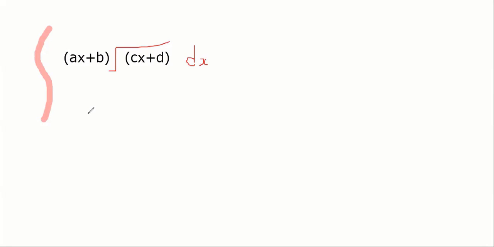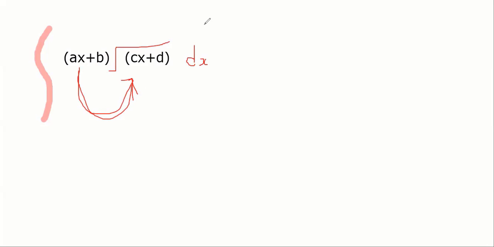If you have an integration of this type, one function in ax plus b multiplied with or divided by another function of cx plus d type, then how do we solve it? It's a very easy method. Write ax plus b in the form of cx plus d. The moment we do that, it becomes very easy.